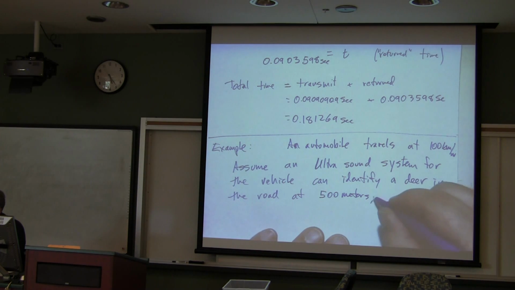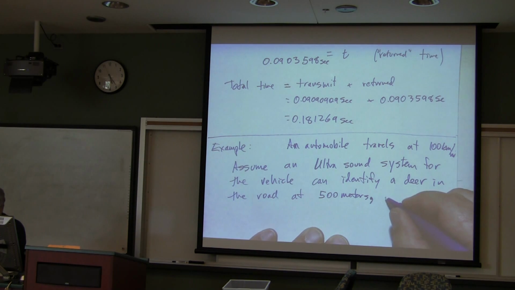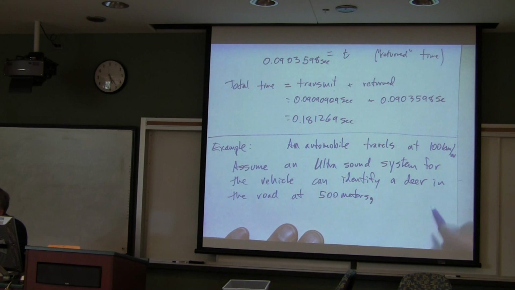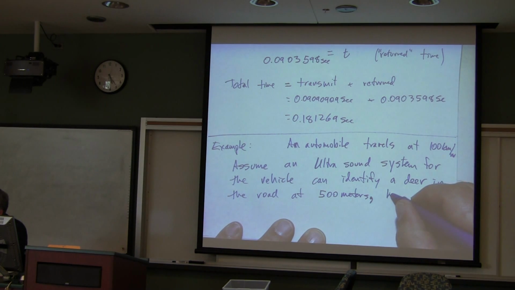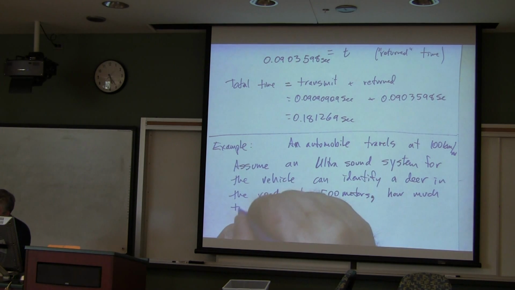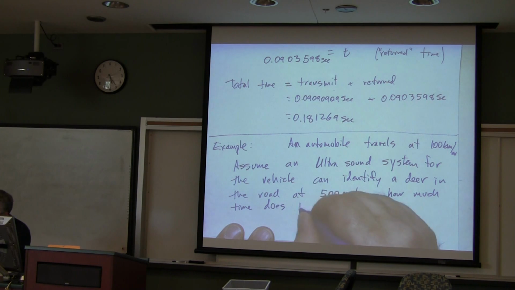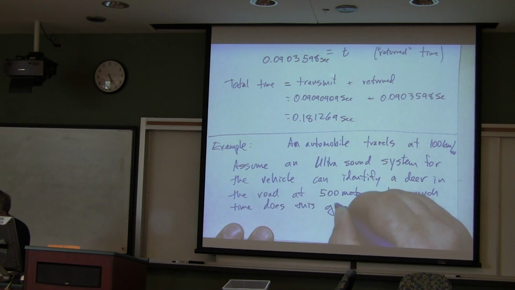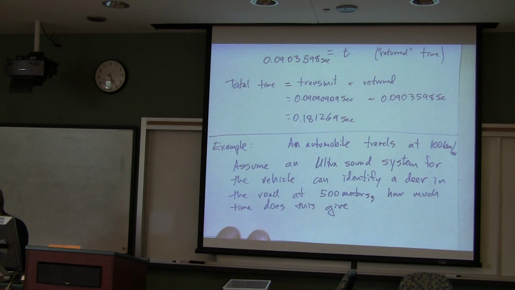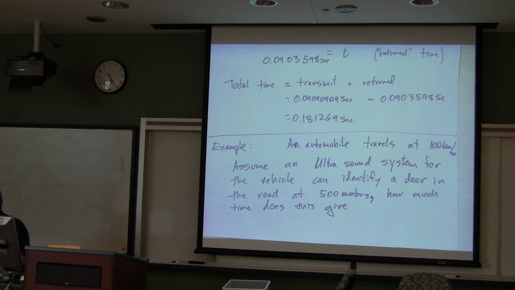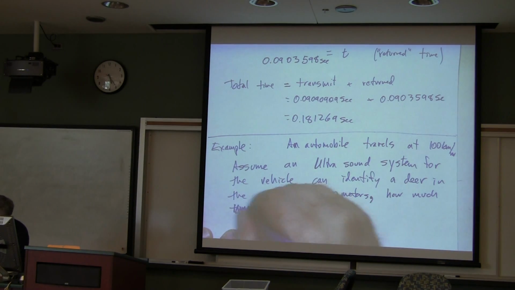With an acceleration of... What's the brand of the car? At what speed will you hit the deer now? How much time does this give? I don't even say how much time. How much distance? That's even easier.